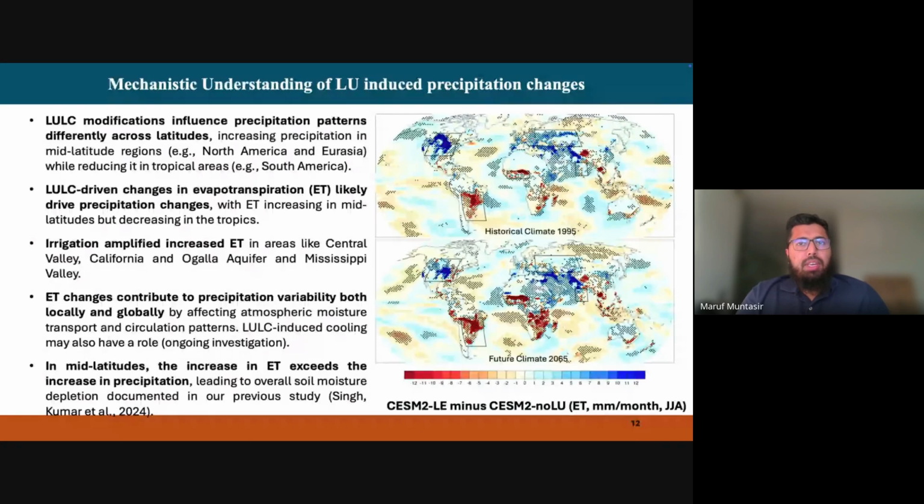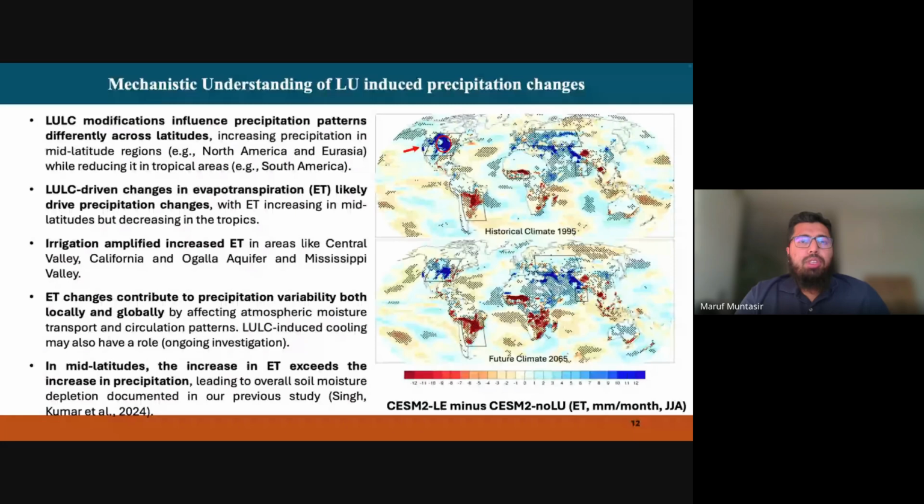Irrigation amplified increased ET in areas like the Central Valley, California, Ogallala Aquifer, and Mississippi River Basin.